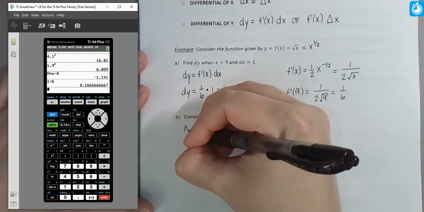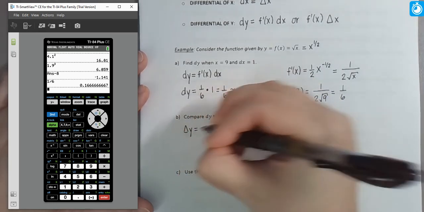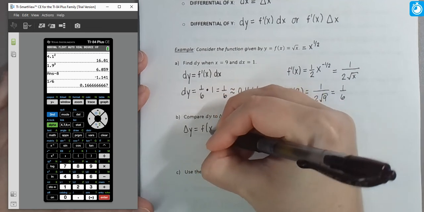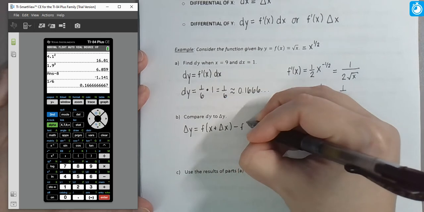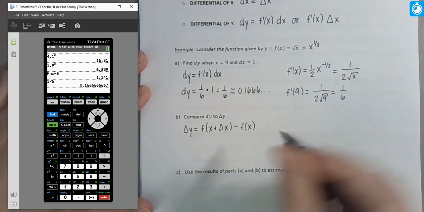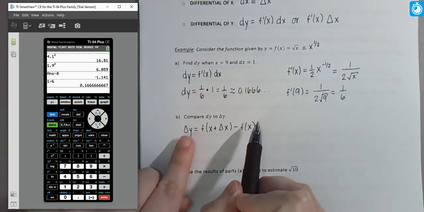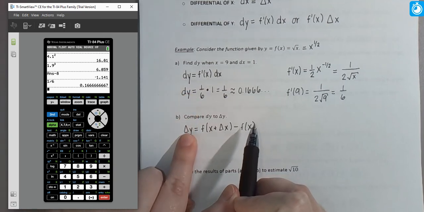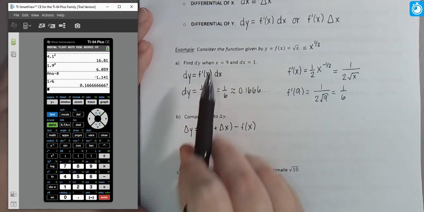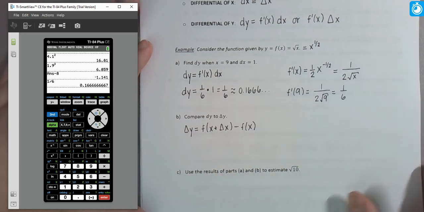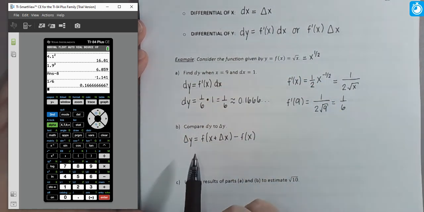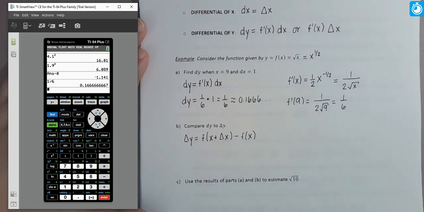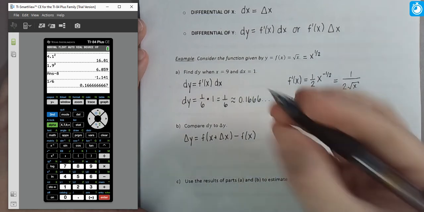So delta y, in this case, is going to be f of x plus delta x minus f of the original x value. That was our definition for this kind of change in y versus dy. Well, we know our x value, x is 9. What's delta x? Well, remember, dx and delta x, same thing. Change in x is just change in x. What differs is how we represent the change in y. So change in x is going to be dx, which is just 1.